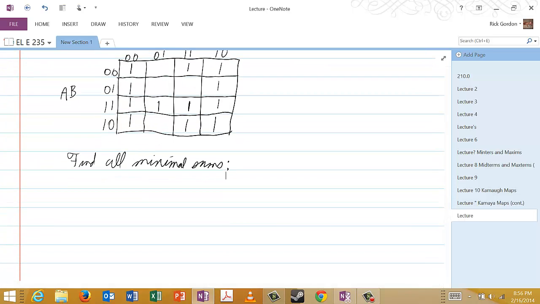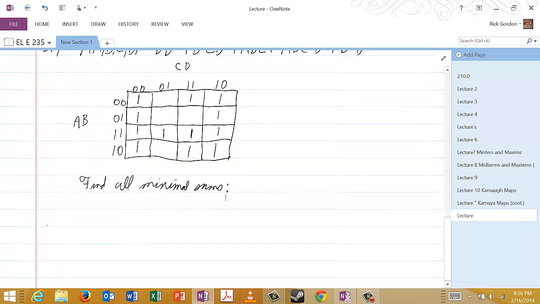So, as usual now, if we want to find all minimal sums, our first step will be to find the prime implicants. And since we have 4 variables in this case, we first ask, do we have any rectangular groupings of 2 to the 4th power or 16 1 cells?